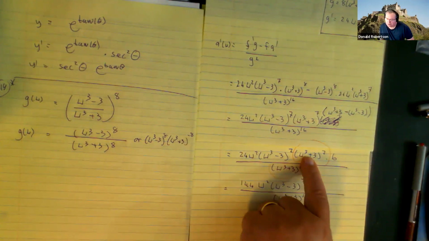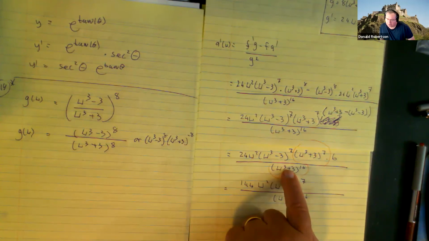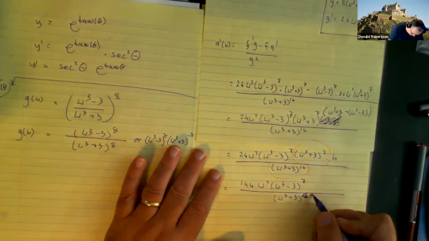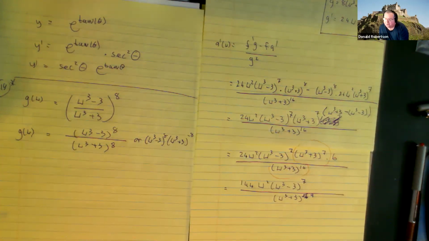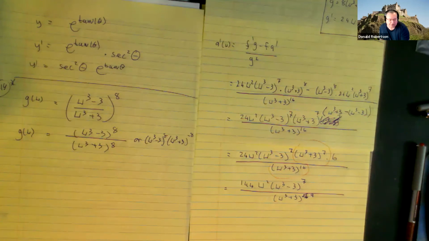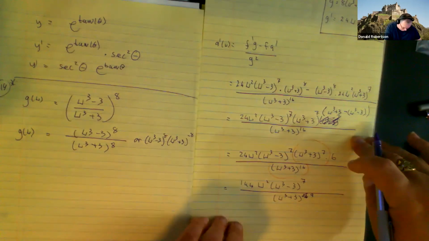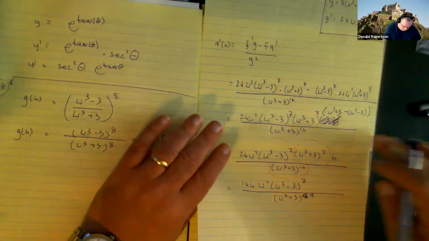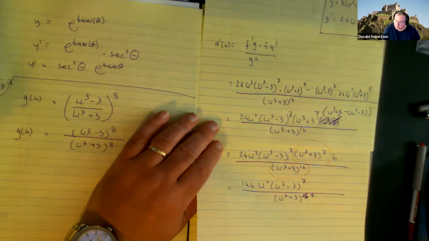So I have a (u cubed plus 3) to the 7 and a (u cubed plus 3) to the 16. When they interact, don't you get left with 9? So that's quite a nice, well factored answer. Are we good?